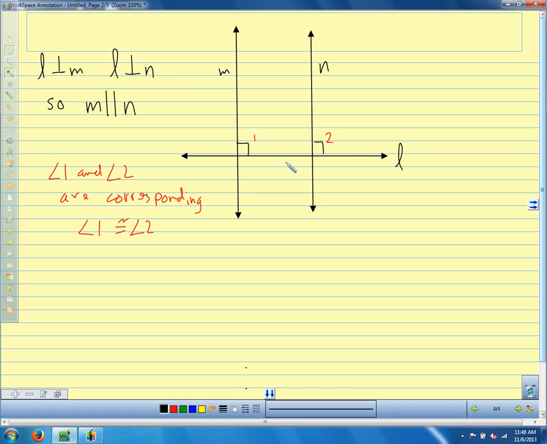Abby says no. Why not? Well, can you think of an example that would make that not true, if we're not on a plane? So we could have a shape in space, just out in 3D, that looked like this.